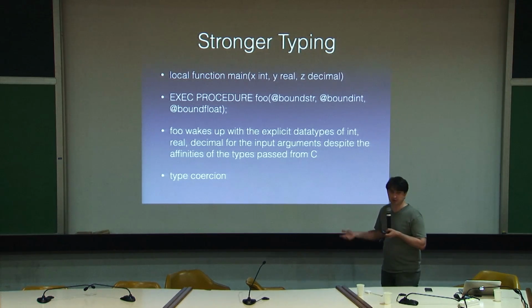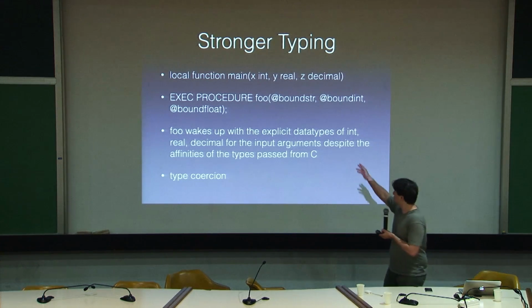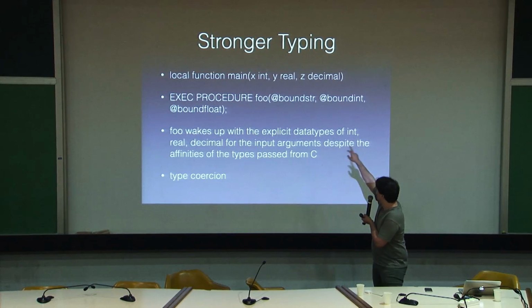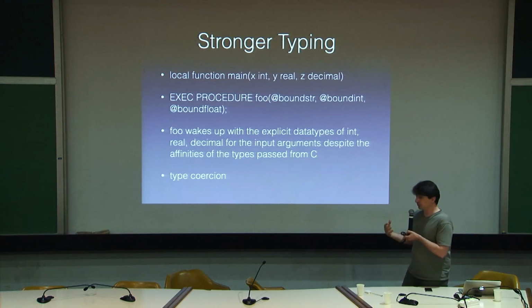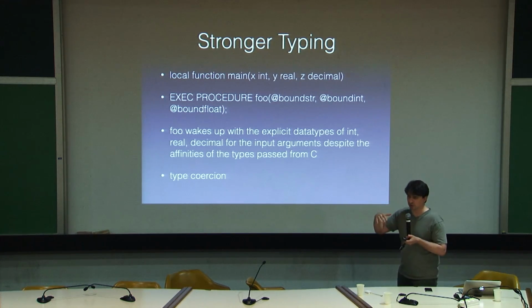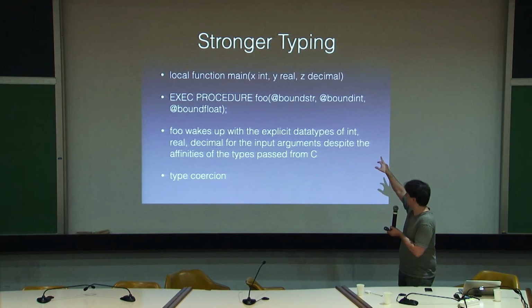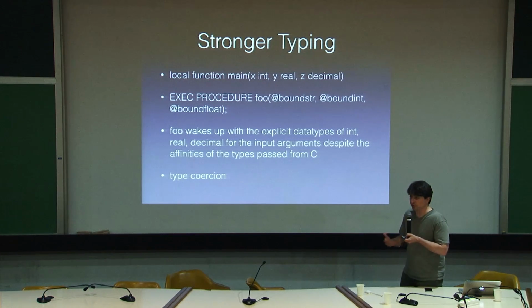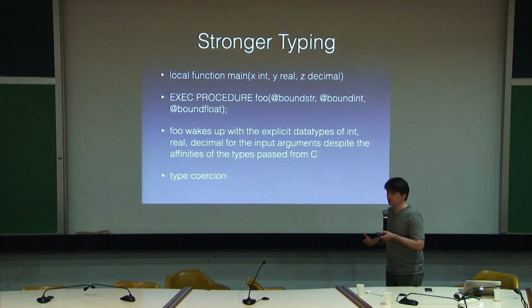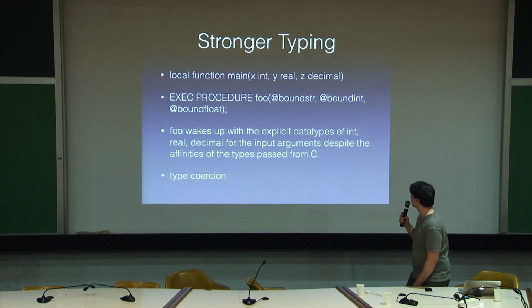We obviously took that from C. You specify the data types, and these data types are what you will wake up with regardless of what comes in. So there's a layer of type coercion that will occur. Regardless of what is passed into you, because you've coded in this way, you know that the input can't change on you depending on who calls you. Again, that gives you a more rigid notion of typing for the style of programming we were looking for, at least.